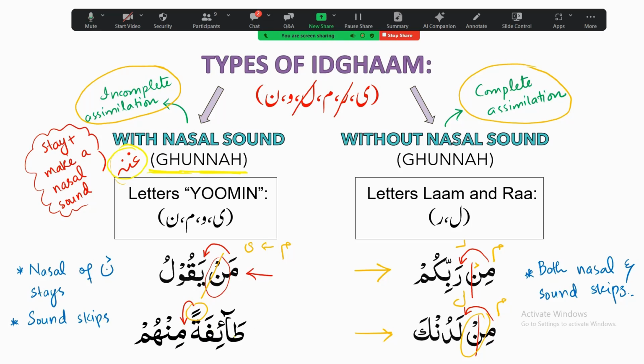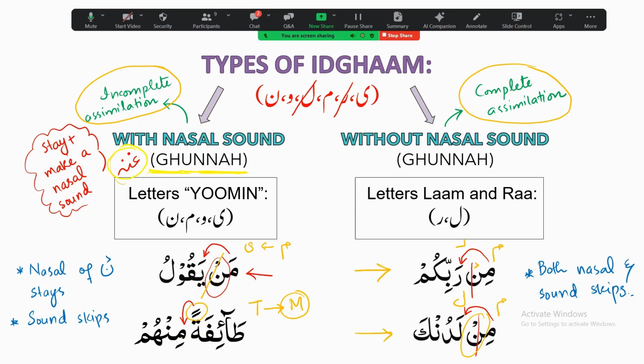So we say طائفة منهم. You can hear when I say the ta sound, when I enter into the meme, I say tam, I stay on the meme here. Tam minhum. I do not quickly move by saying tam minhum.